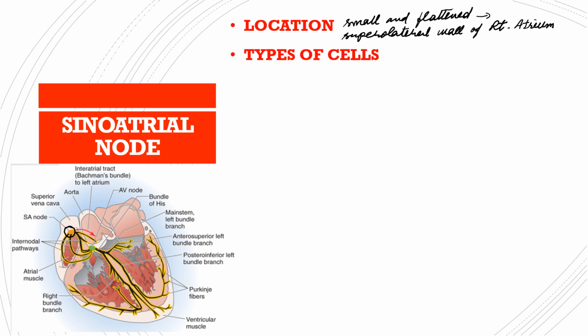Two types of cells are present in the sinoatrial node, and these two types of cells are modified cardiac muscle cells. These cells have few striations and indistinct boundaries.